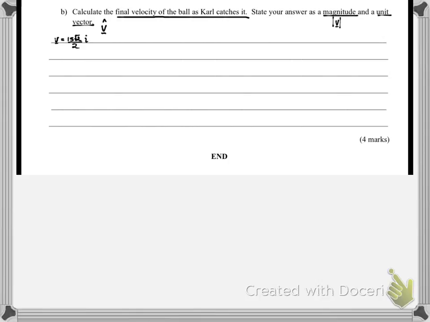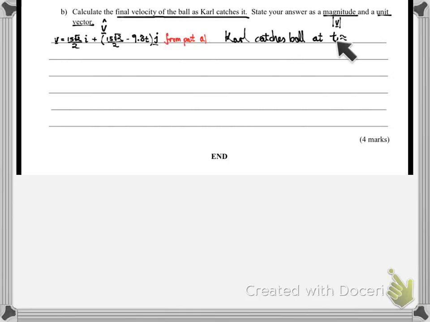Alright, so let's grab our velocity vector from the previous question. There it is. That's what we worked out in part A. We have to work out the modulus of v, but we first need to know the final velocity at the point when Carl catches it.